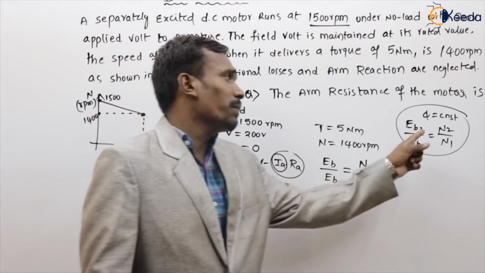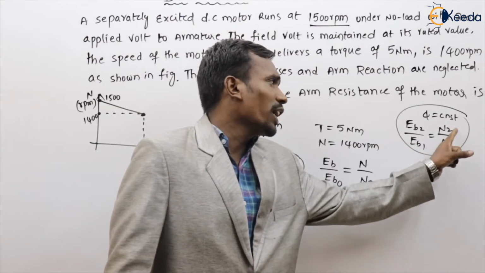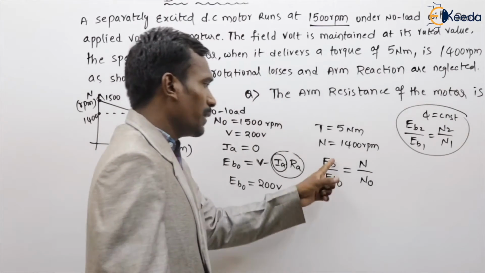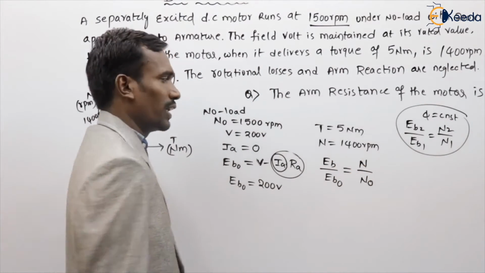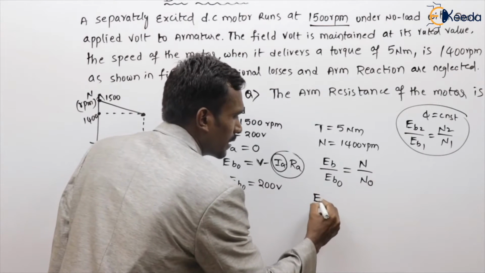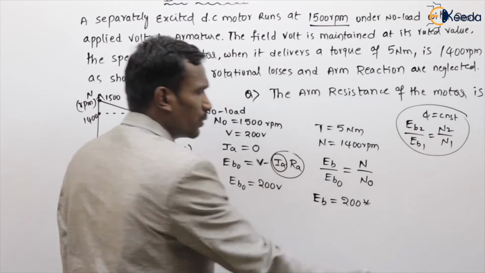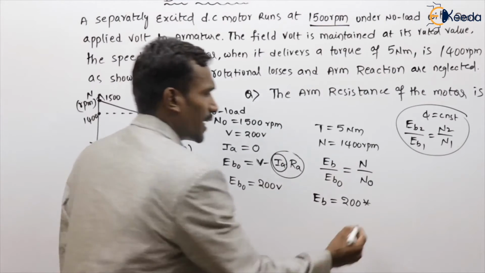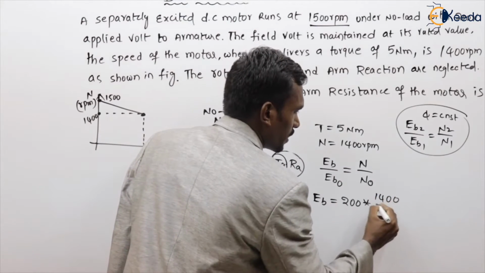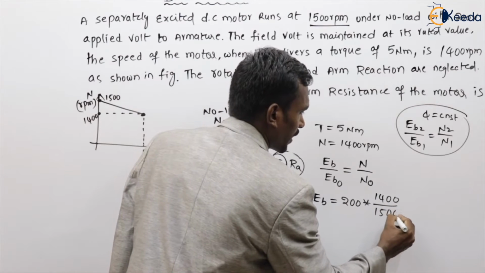Then we find Eb. Eb is equal to Eb0 into N, where N is 1400 divided by 1500.